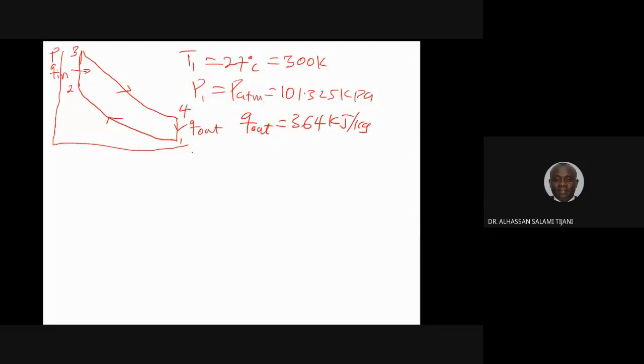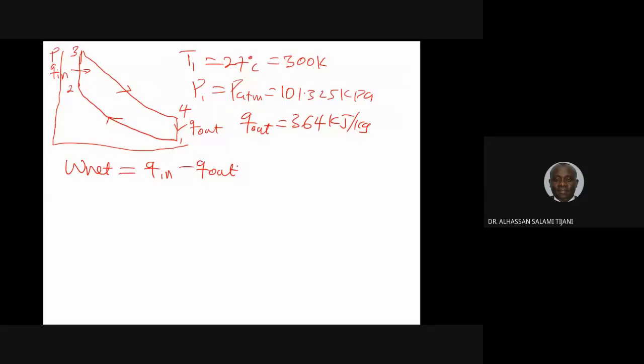Now all the data that we require is already settled. We have been told to determine the specific work, so find W net. By definition, W net is Q in minus Q out.